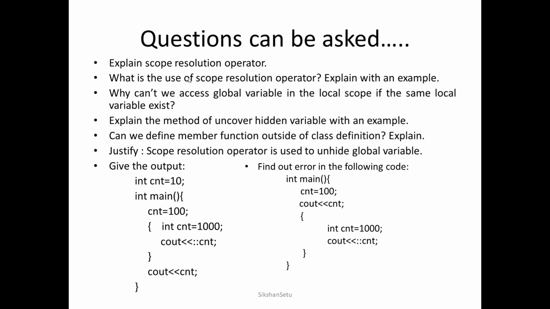Again it is possible that the examiner gives a snippet like this and you are asked to give the output, or a snippet is given and you are asked to find the error, if any, in the code. If an error is there, you are supposed to correct it and the modified code is to be written. So this type of questions can be asked from this topic.